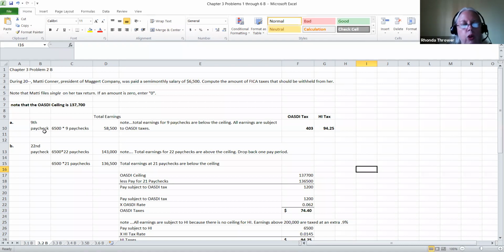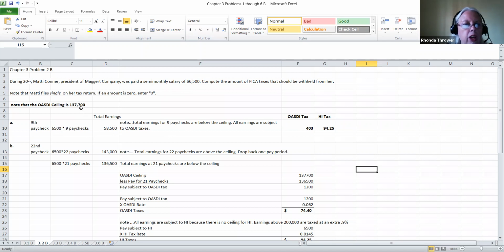We're going to start with OASDI first, and we're going to record it right here. This is where my OASDI tax is recorded. The ninth paycheck would be determined by taking $6,500, which is the semi-monthly salary, and multiplying it by 9 paychecks. The total earnings to date yearly are $58,500.